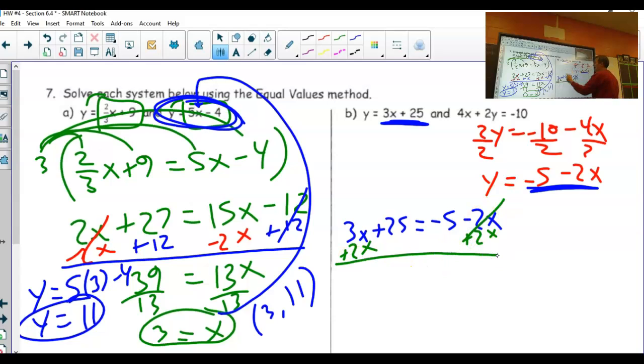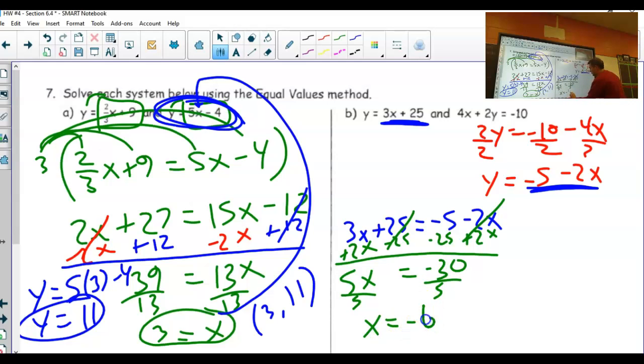And at the same time, I'm going to subtract 25 from both sides so that the numbers are on the right. And I get 5x equals negative 30. And I would divide that by 5 and get x equals negative 6.